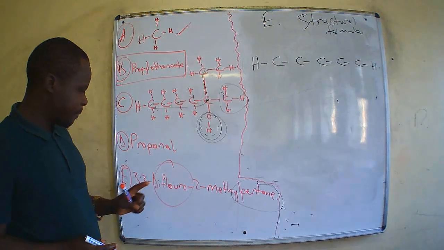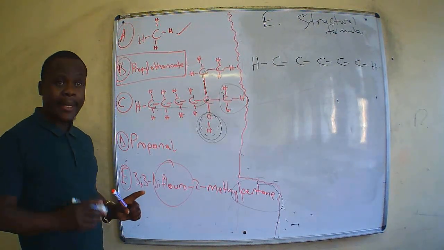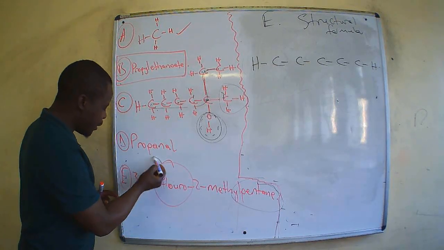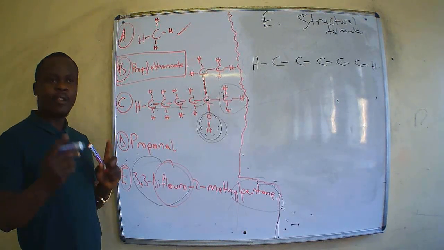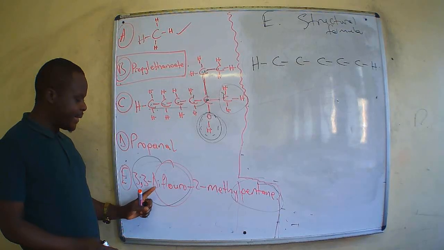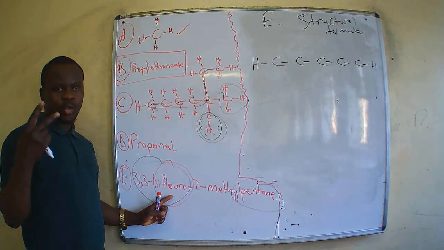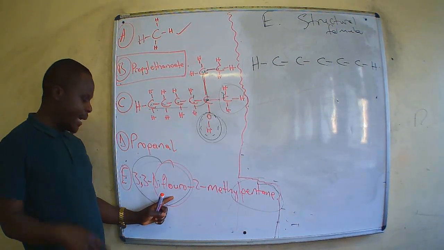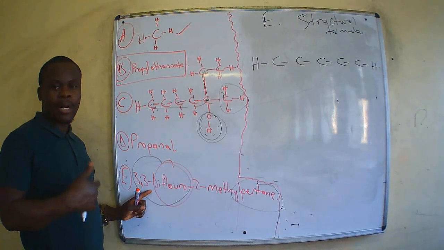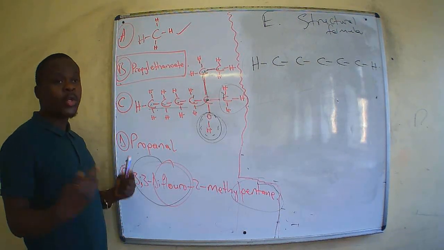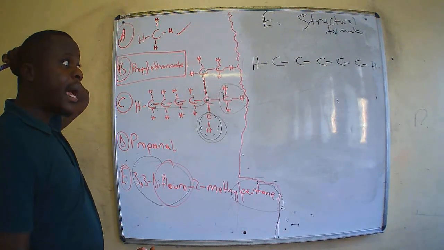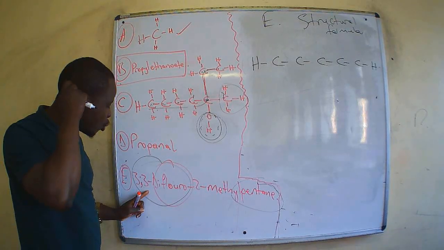After that, we need to understand the functional group. The functional group is 3,3-difluoro. There are 2 fluorine atoms on the same carbon, which is carbon number 3. So we must understand the position of the functional group first.